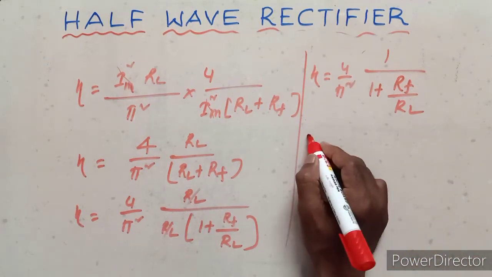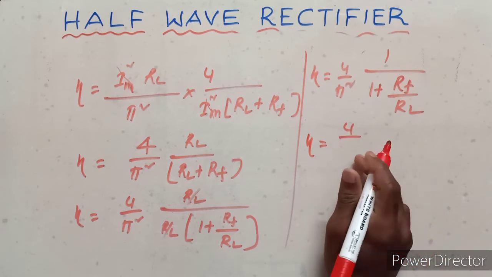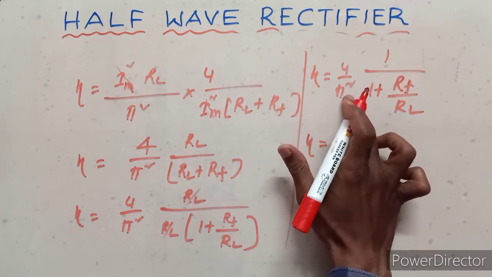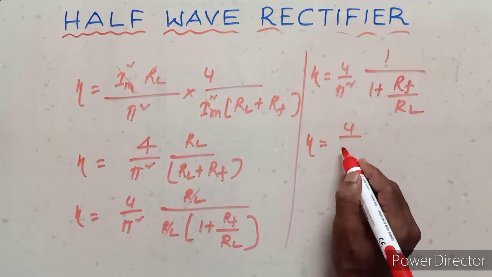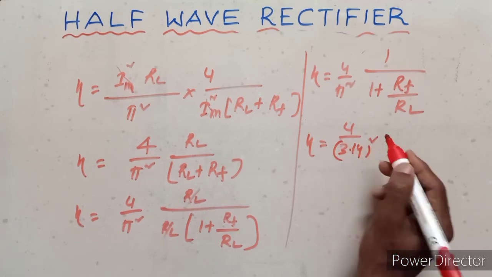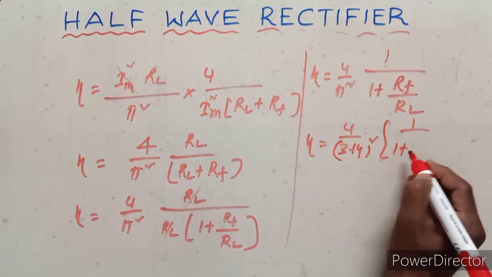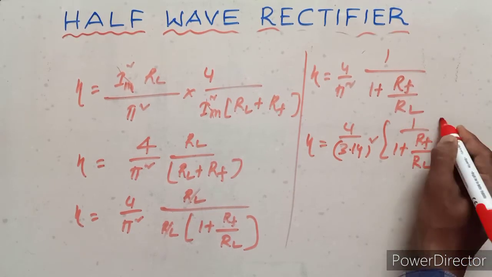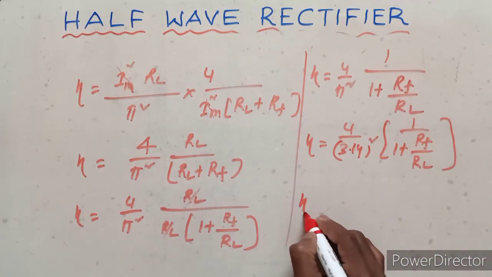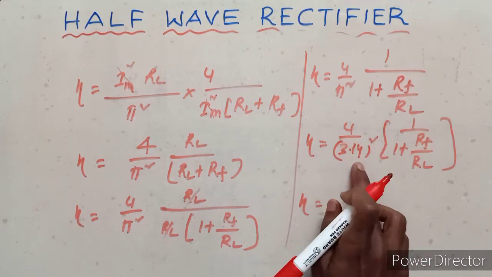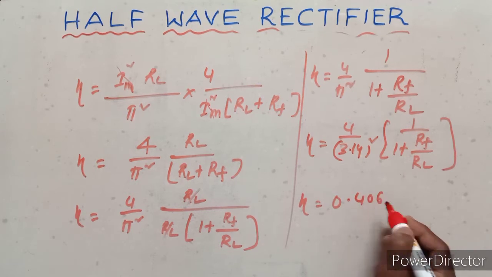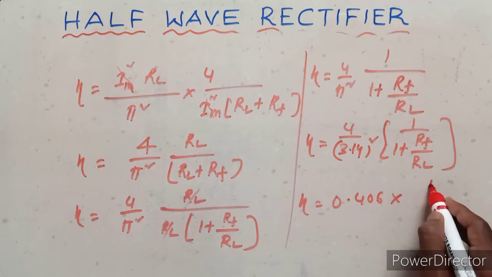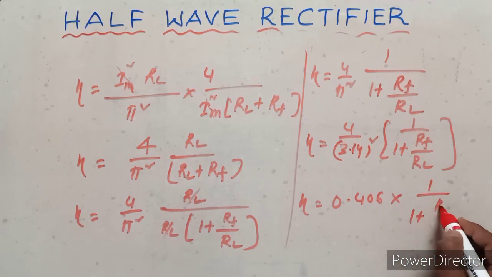So eta equals 4 upon 3.14 whole square, which equals 0.406, into 1 upon 1 plus RF upon RL.